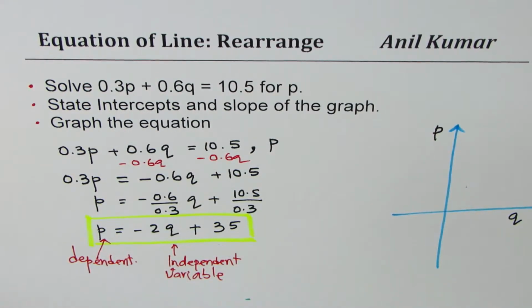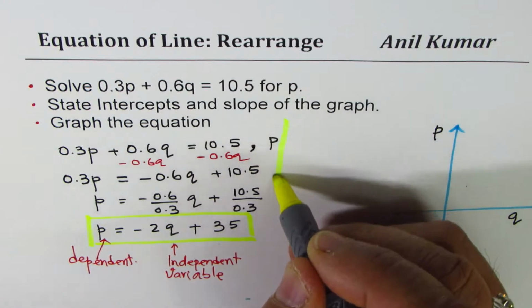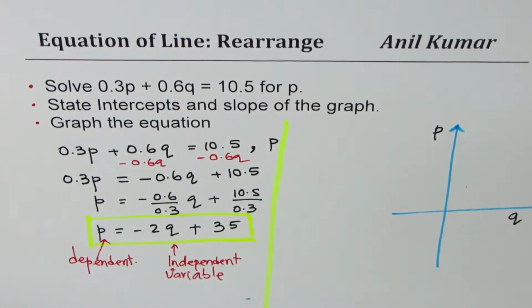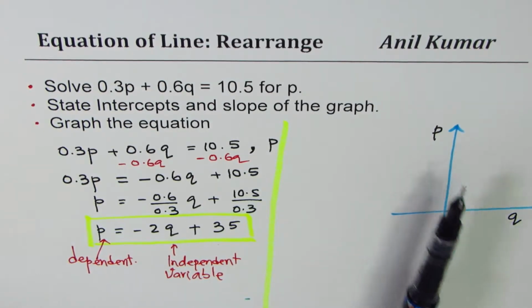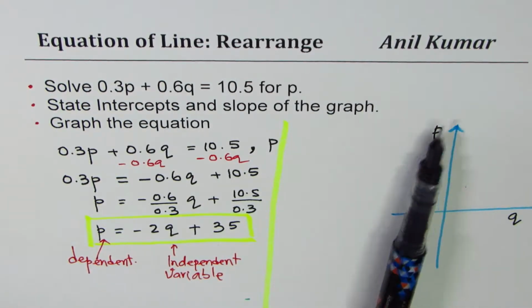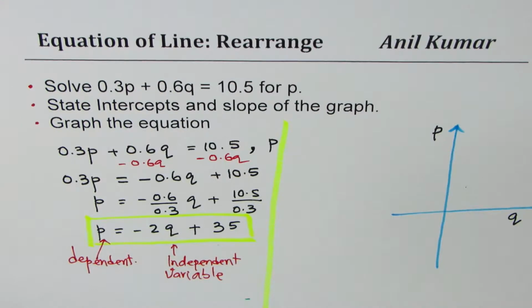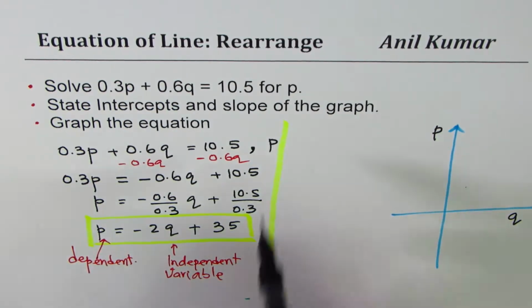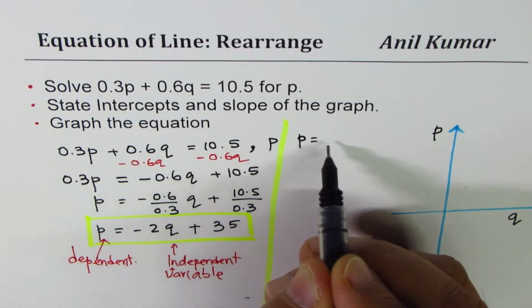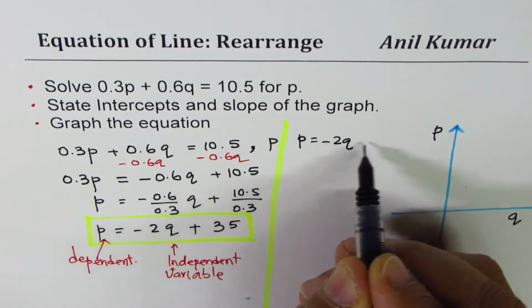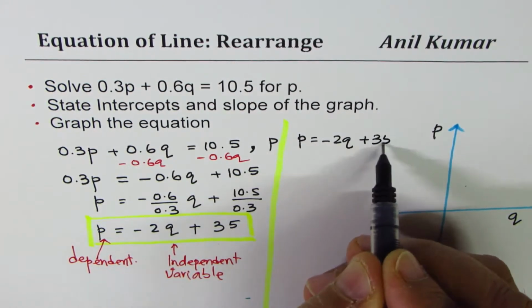We need to find intercepts. Should we begin to find intercepts? Okay, let's do. Whatever the intercepts are, we'll call them p-intercept and q-intercept, since the axes have been named p and q, correct? Now, the equation itself gives you the p-intercept. So let me rewrite the equation here. We have p equals minus 2q plus 35.